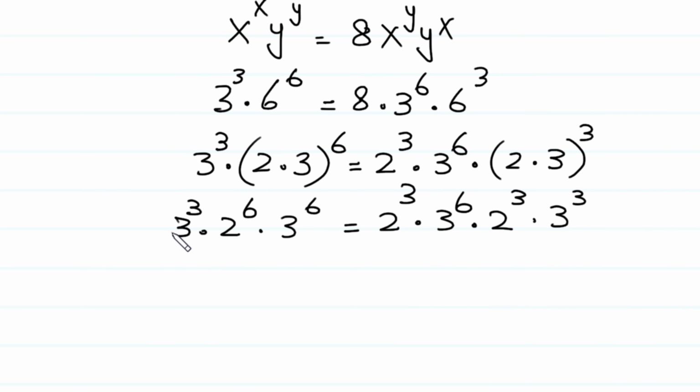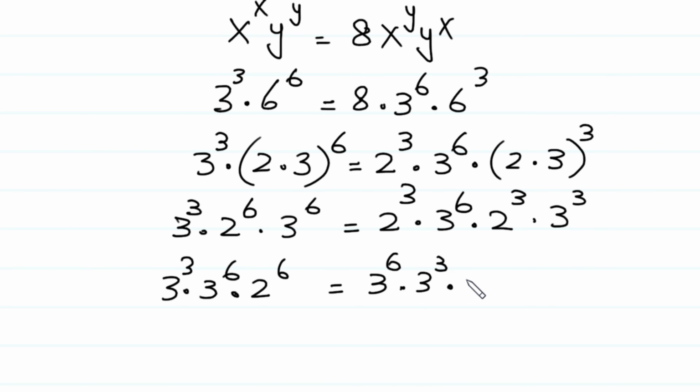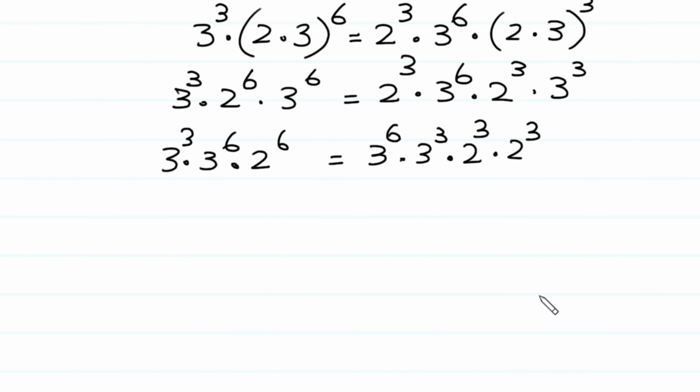Next, we write the same base with same base. 3 to the power 3 times 3 to the power 6 times 2 to the power 6 is equal to 3 to the power 6 times 3 to the power 3 times 2 to the power 3 times 2 to the power 3. Next, according to the rule of exponents, a to the power m times a to the power n is equal to a to the power m plus n.